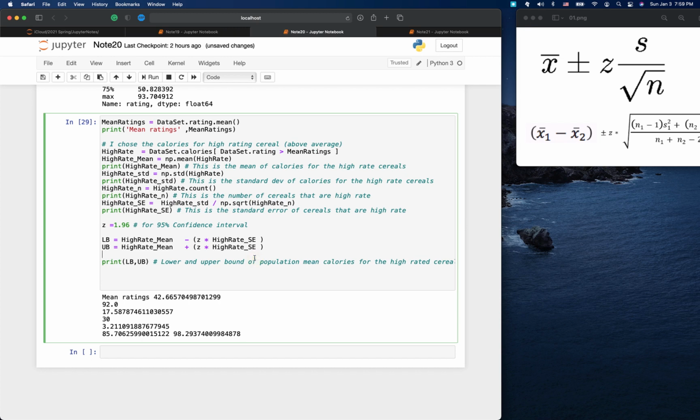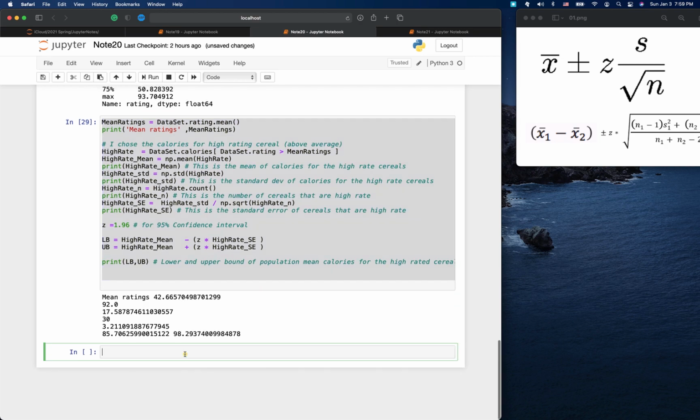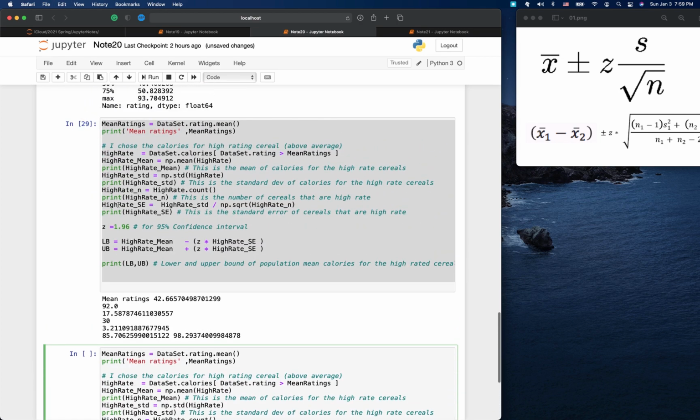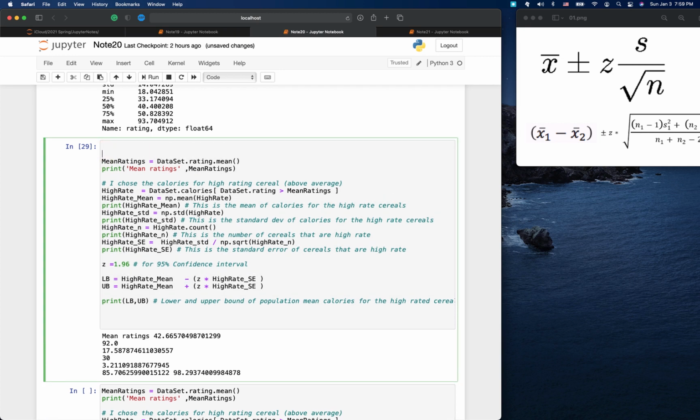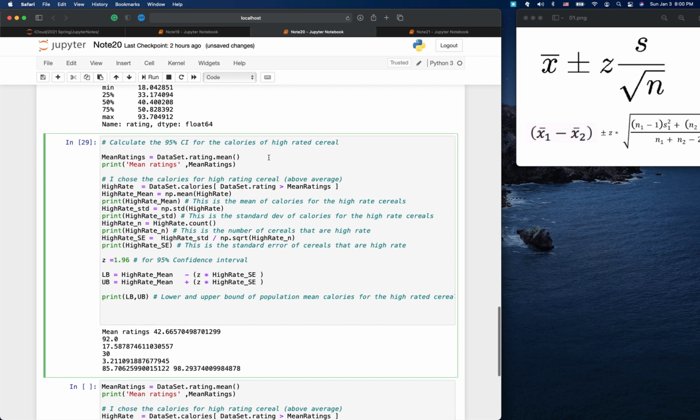So now what I want to do is calculate all of these for the low rated cereal. Calculate the 95% CI for the calories of high rated cereal.